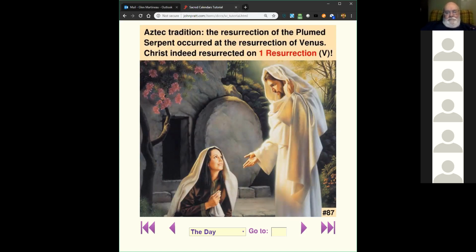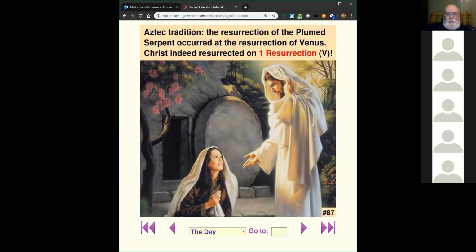And when the calendar got discovered and actually made, it turns out he resurrected right on the day of one resurrection of the Venus calendar. I saw that and I said, wait a minute, something really important is going on here.